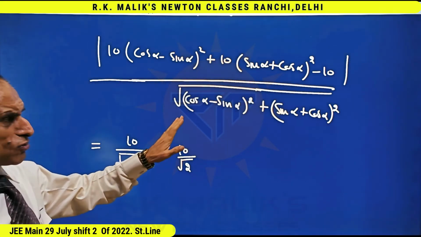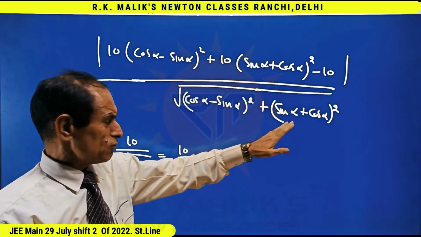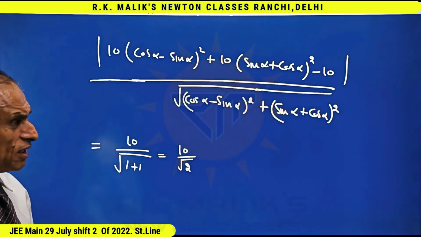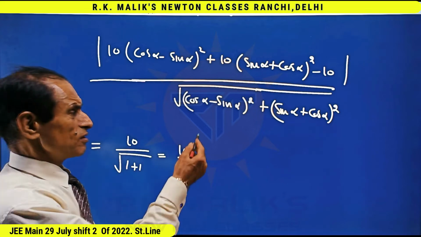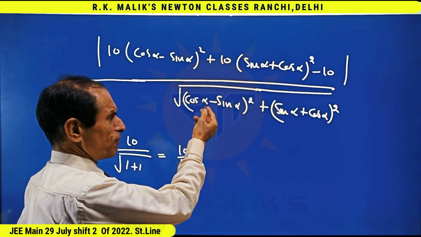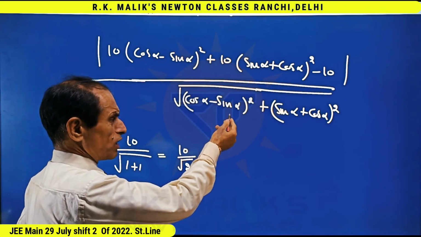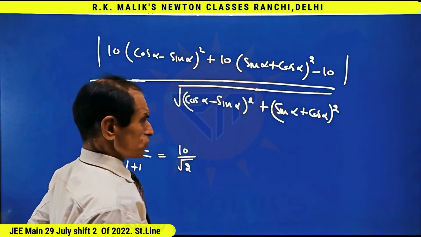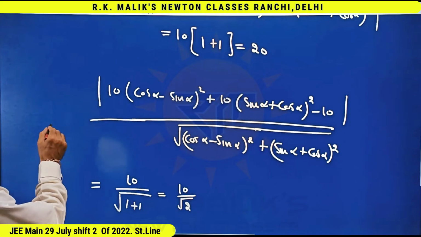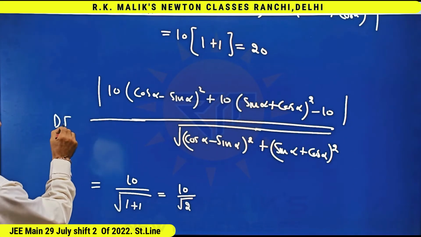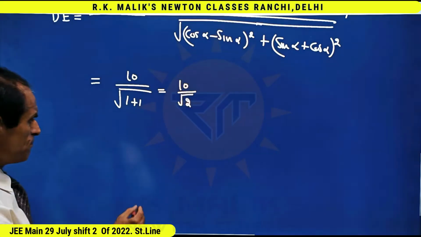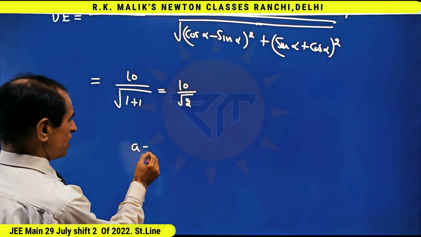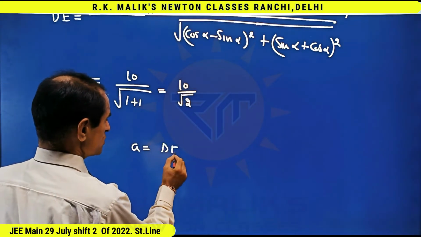Your mind should work so fast that this is equal to 2 must immediately come to mind, because it is cos square alpha plus sin square alpha minus 2 sin alpha cos alpha, sin square alpha plus cos square alpha plus 2 sin alpha cos alpha. Hence this is the value of DE.